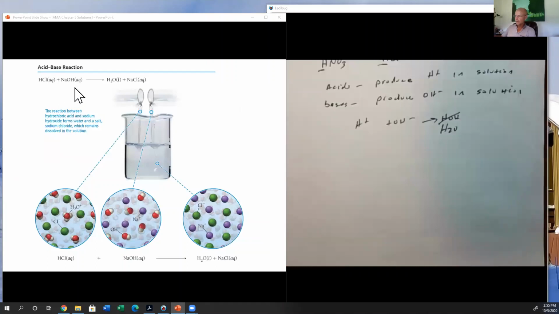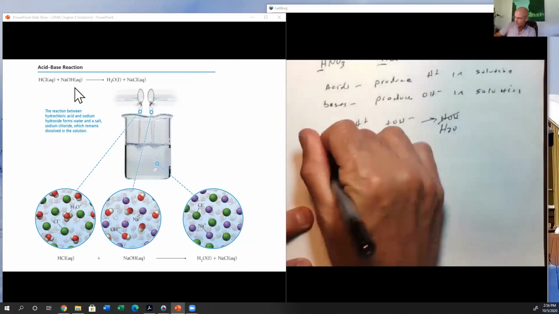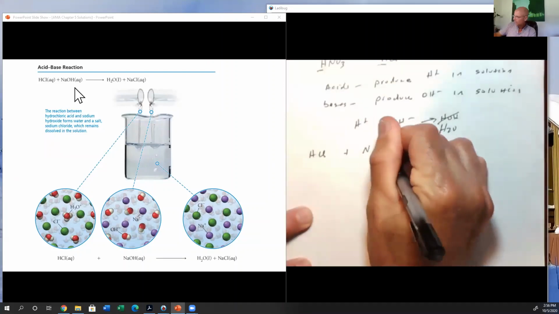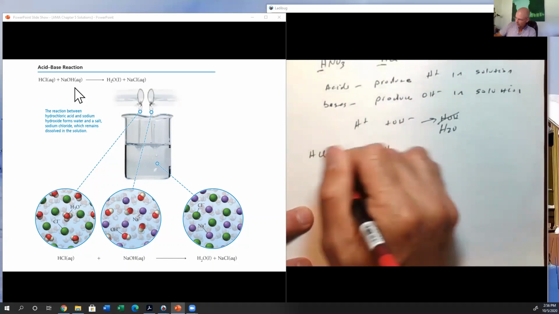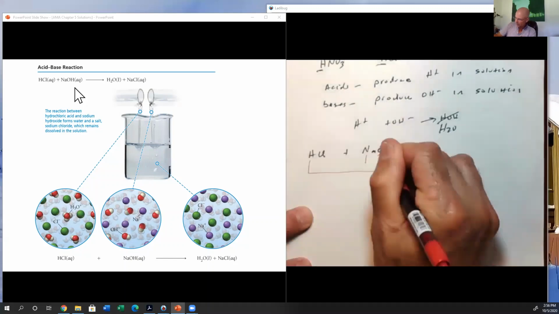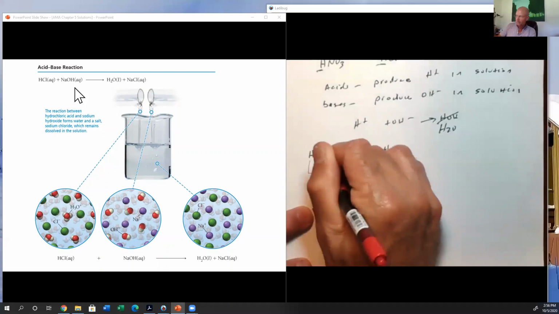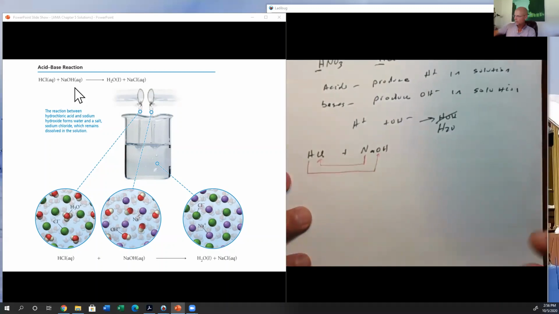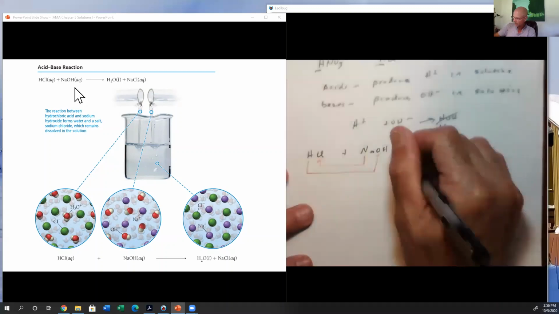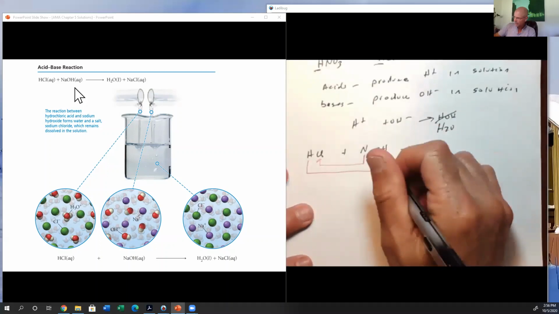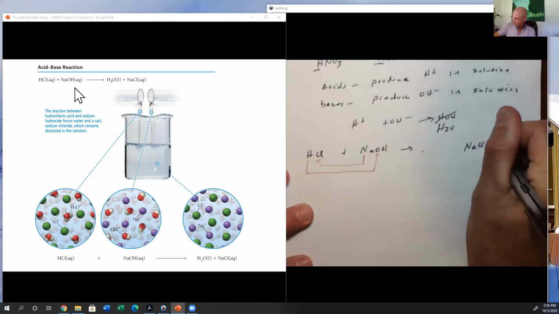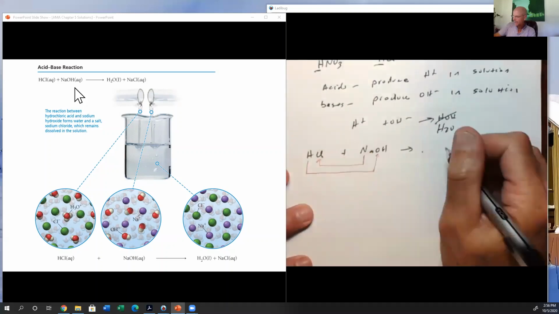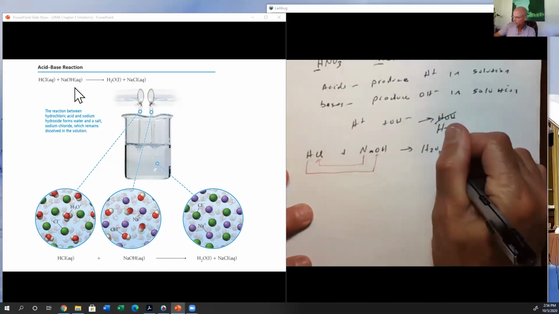Here's HCl and NaOH. Again, we're going to follow the same pattern that we did before. We combine the cation of one with the anion of the other, and the cation of the other with the anion of the one. The products are going to be sodium chloride, which is just going to be aqueous, and HOH, which is H2O.